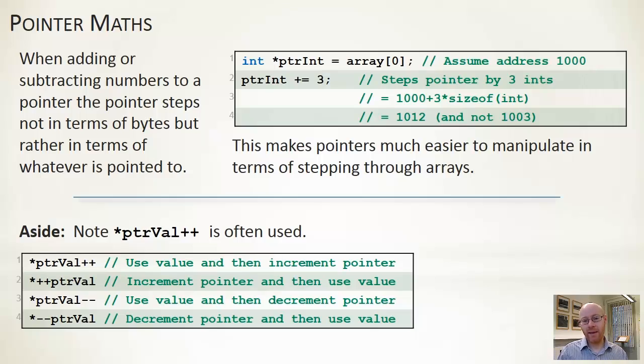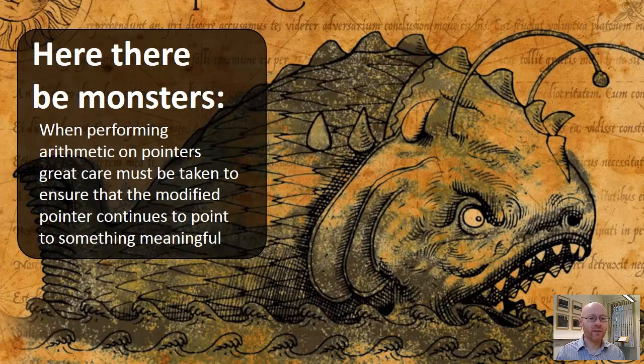Obviously, if we are able to change and manipulate pointers and add or subtract values to them, we are jumping through memory. C++, as we said, assumes that we know what we're doing, so it doesn't use array or range checking on this. So if I accidentally leave the bounds of an array, I overshoot the end or I jump before the start of it, C++ isn't going to care.